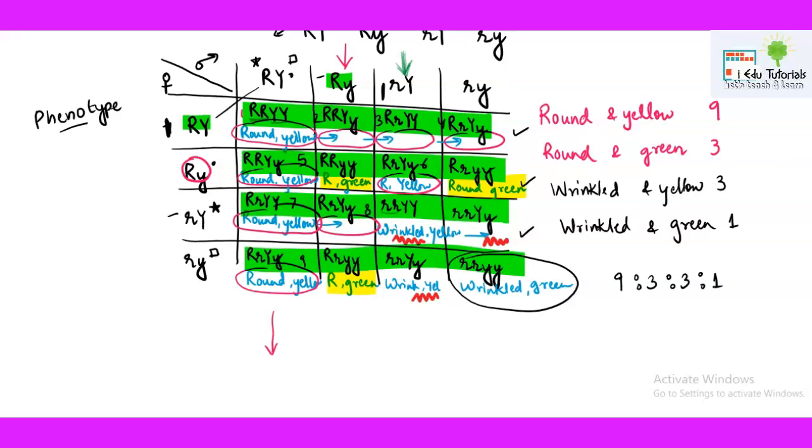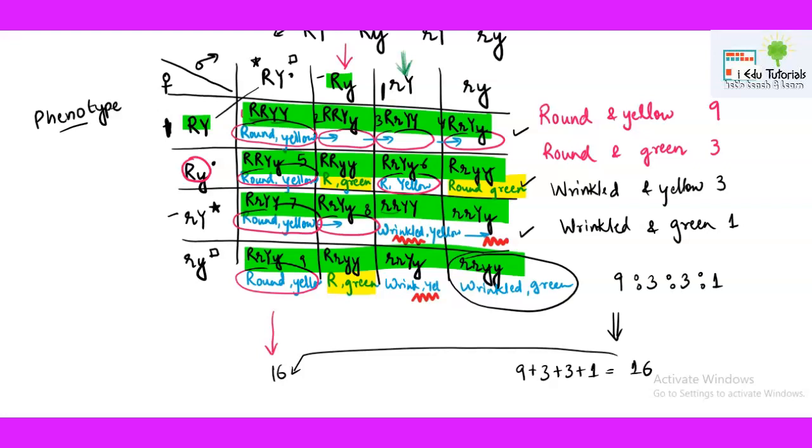So 16 individuals are formed overall, right? Now when you sum up these phenotypic ratios, 9 plus 3 plus 3 plus 1, it will give you 16. These numbers are matching, right? That means you have taken each individual.